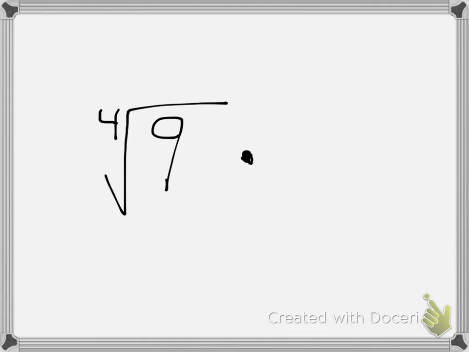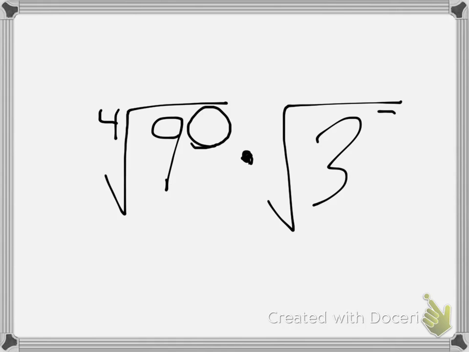So okay, so let's say I have radical 9 to the square root of 4 times 3. Now, in this case, when there's no exponent right here, you're automatically going to assume that this number is 1.